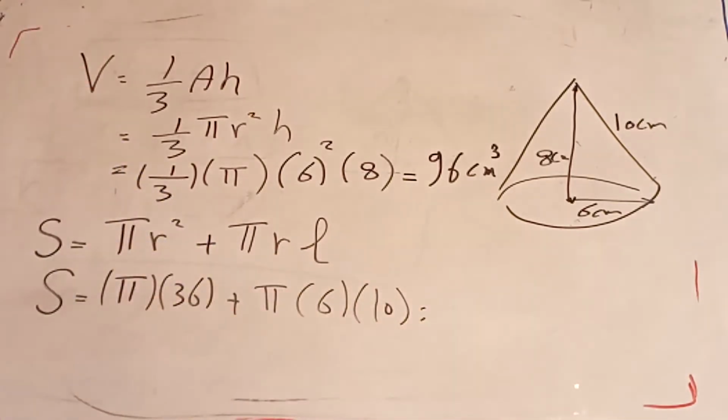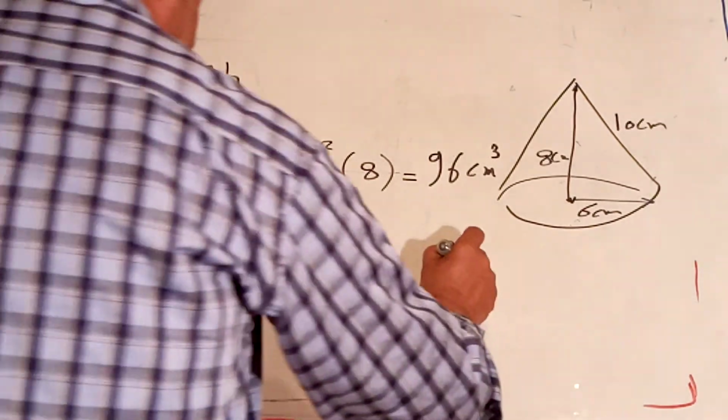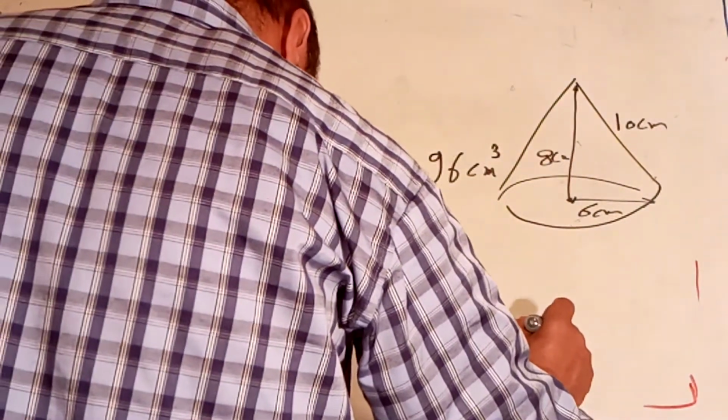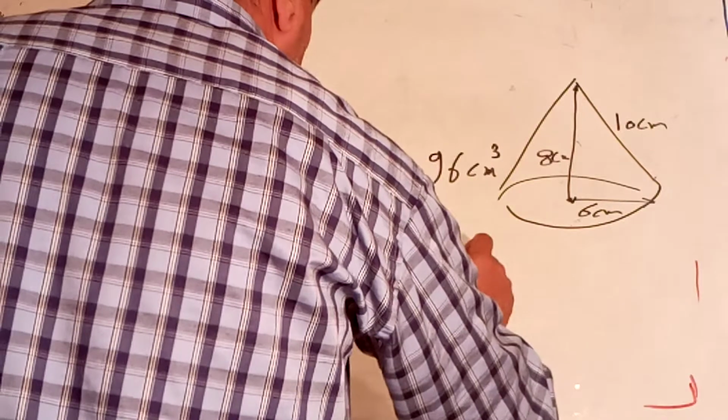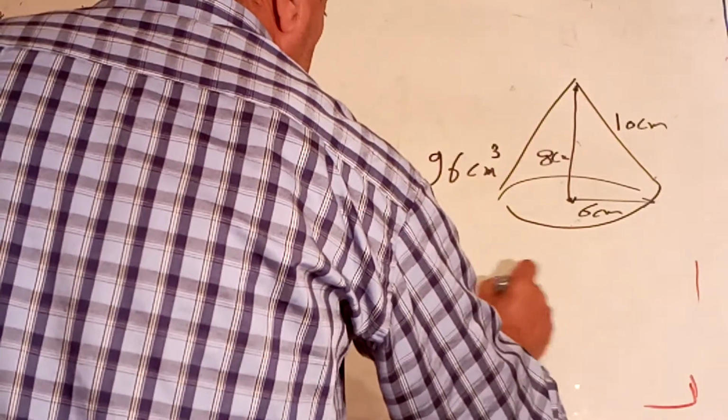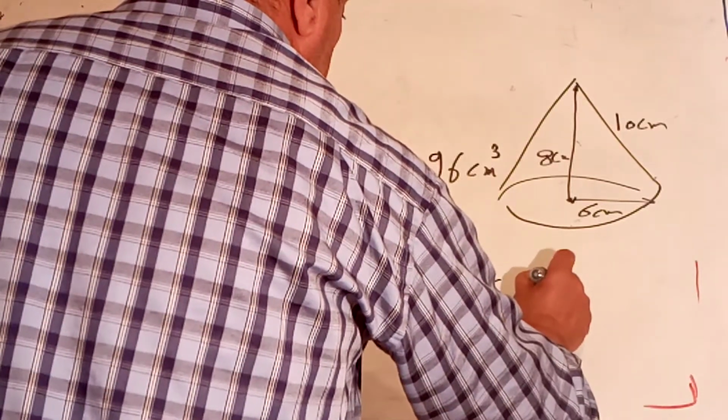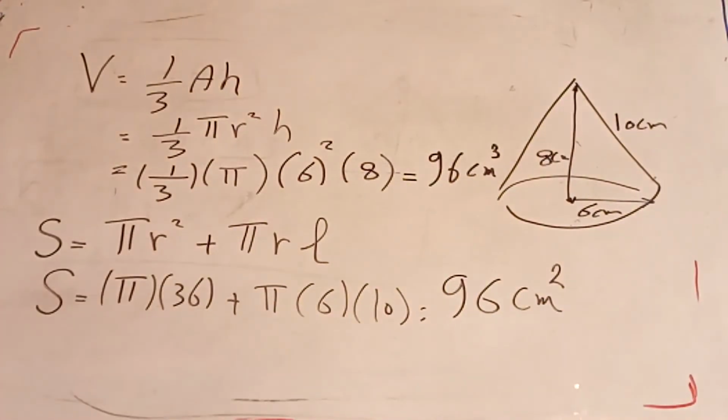This is 60. 36 plus 60 is 96. So it will also be 96 pi centimeters, but this is an area, so it will be square, not cube.